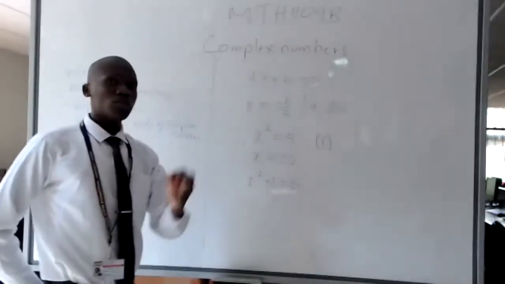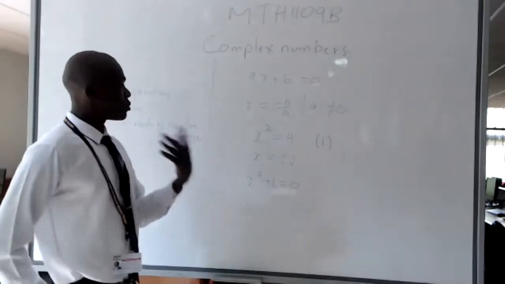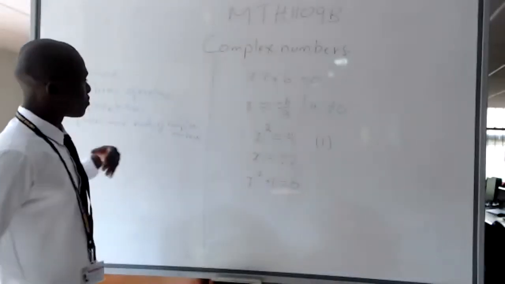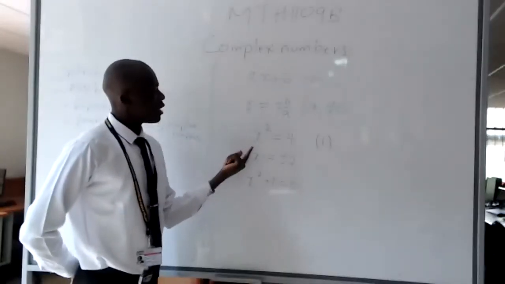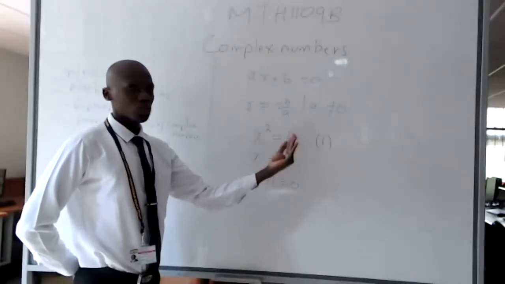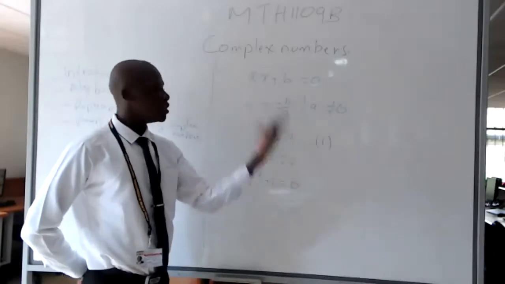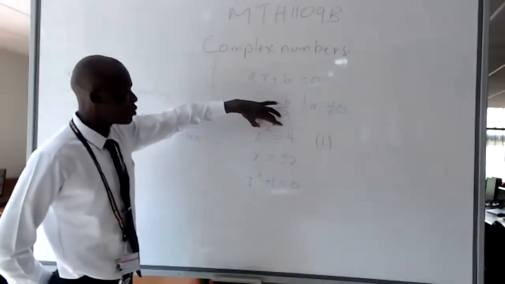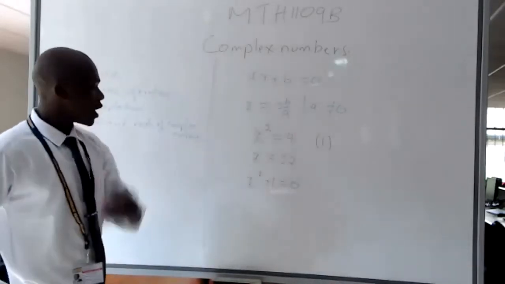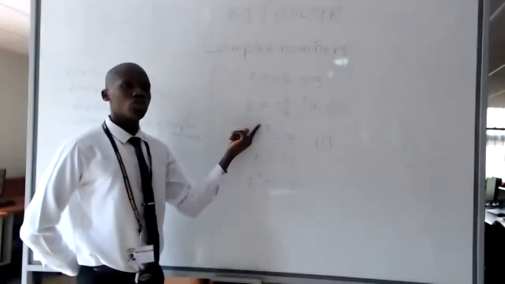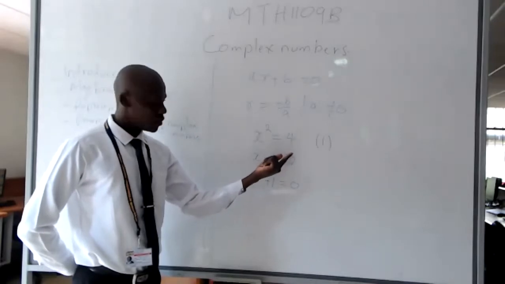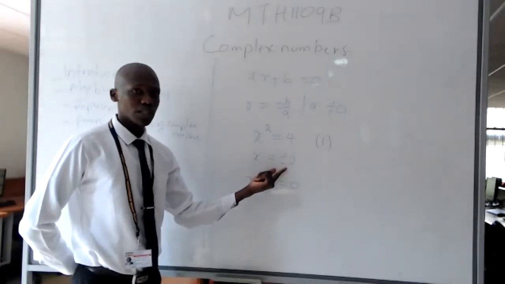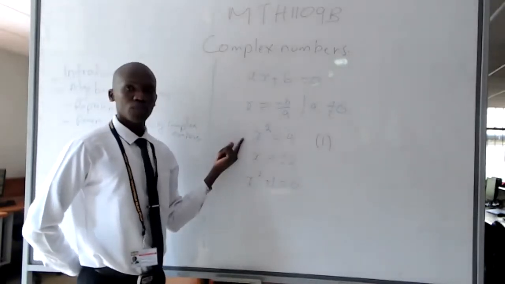I'll be telling you about the fundamental theorem of algebra in either today's class or the next class, that will tell you the number of roots or solutions to expect for any equation of any degree. For example, this is an equation of degree 2. And by the fundamental theorem of algebra, we expect at most 2 roots. And you find that there are only 2 roots, positive 2 and negative 2. Those are the only real numbers for which this equation will be true.